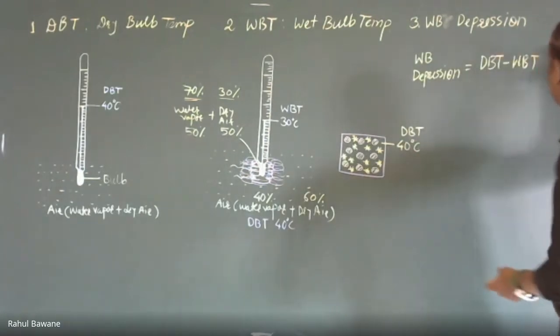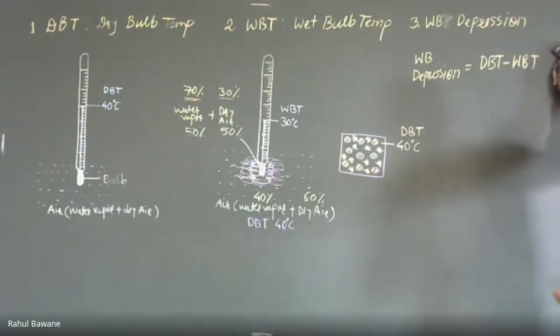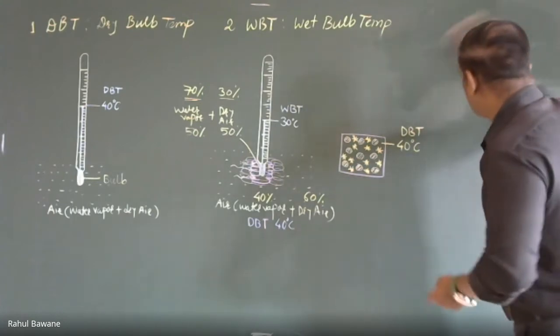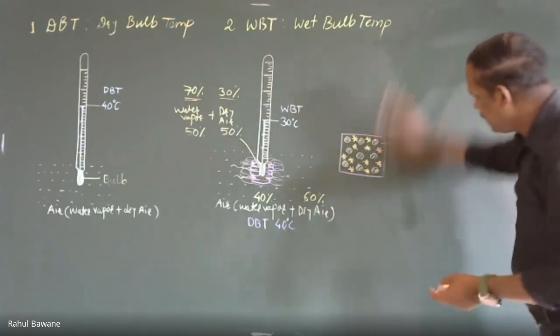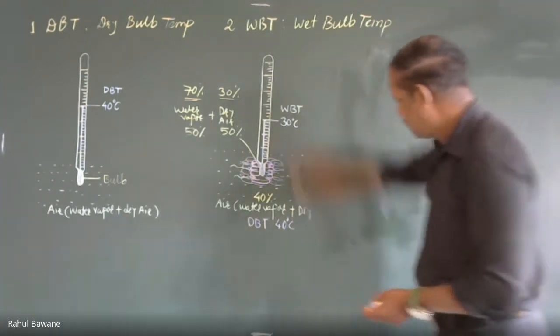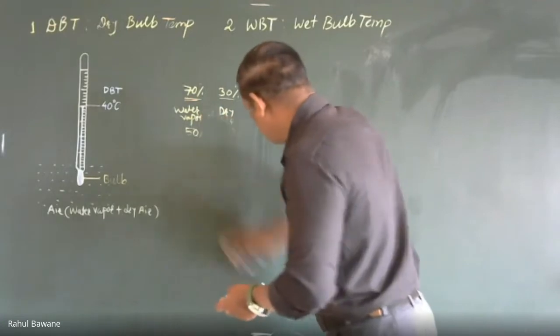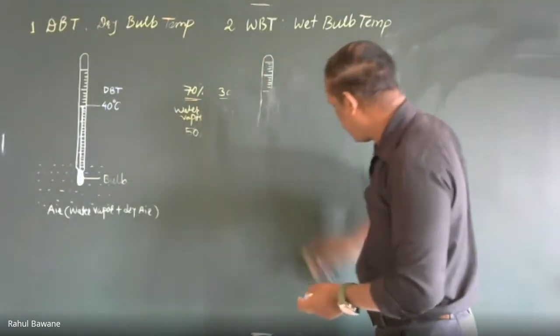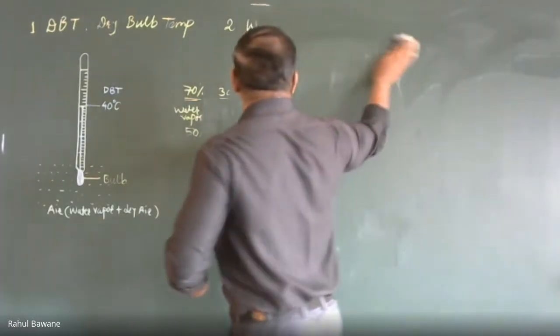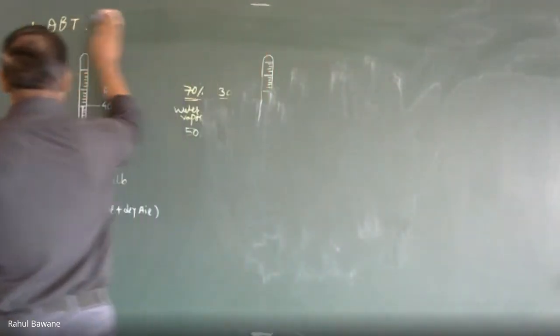So hopefully it is clear now what is wet bulb temperature, what is its significance, why we are using wet bulb temperature, because it directly gives an idea about the humidity content. So more addition of water vapor or humidity will reduce Wbt.